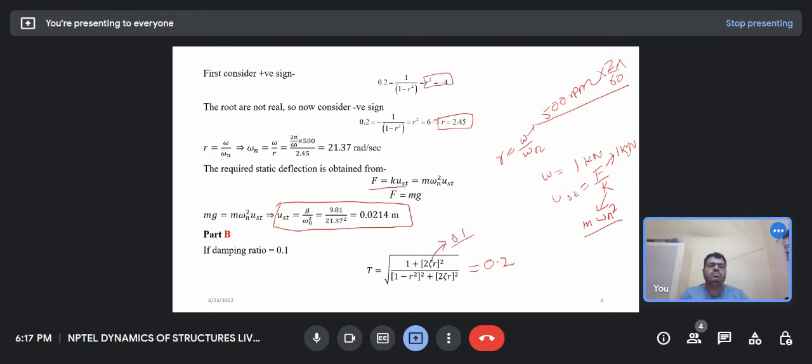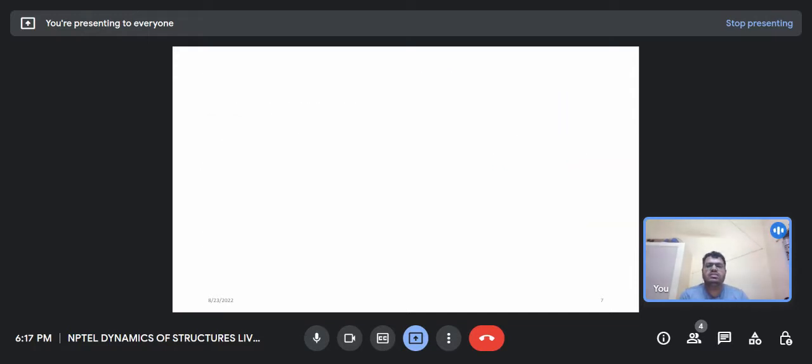Now put the value of the damping ratio in this, and we have to again find out the r value. So I have put in the damping ratio 0.1 and the transmissibility, simplified these terms and rearranged the equation. I got an equation that is a fourth-order polynomial.